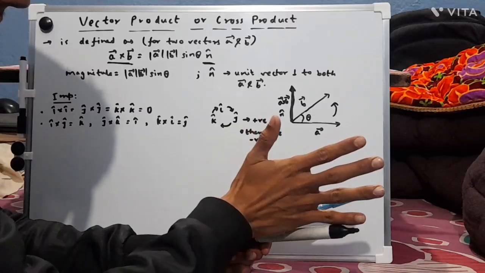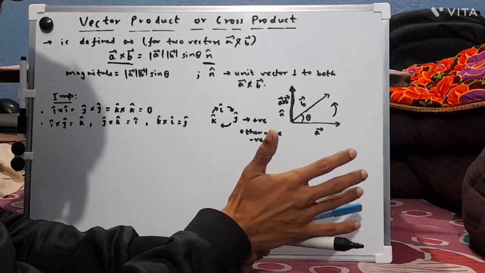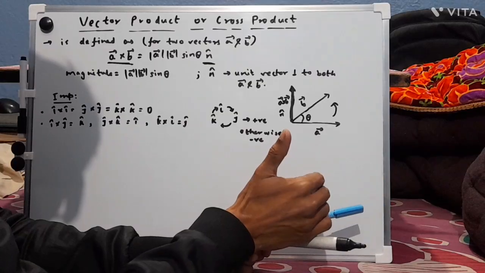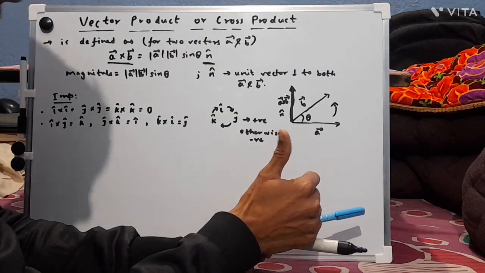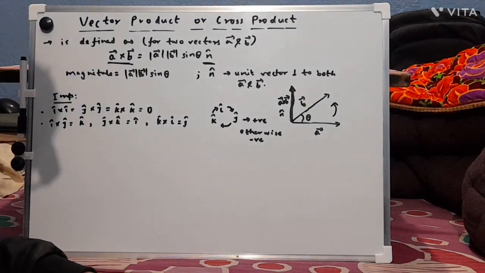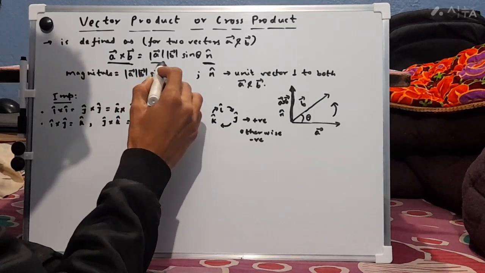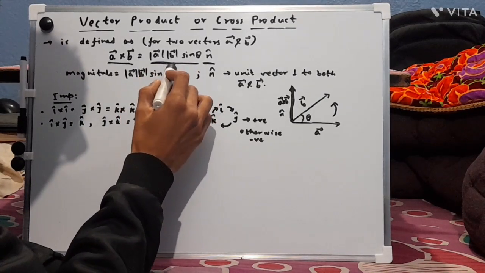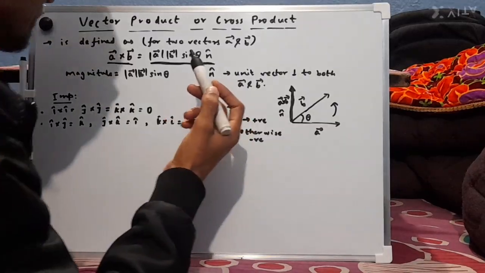Just keep your hand in the direction of vector A and stretch your fingers in the direction of vector B. Where does your thumb point? It's the direction of vector A cross B. So what's the magnitude of this vector product? The magnitude of the vector product will be this portion, that is magnitude of vector A, magnitude of vector B, and sine theta.